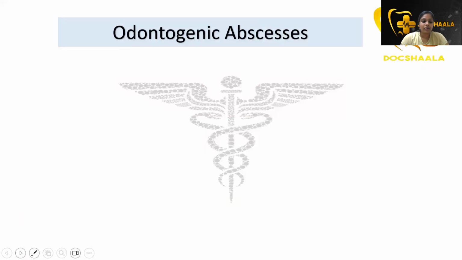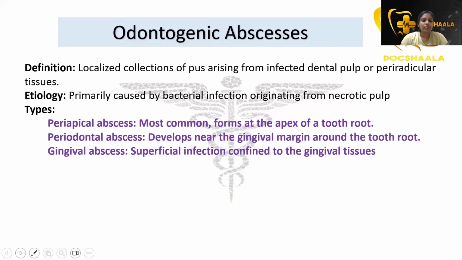Okay. Then odontogenic abscesses. An abscess is a collection of pus. The collection of pus arising from infected dental pulp or periradicular tissue gives rise to an odontogenic abscess. Okay. So the etiology is bacterial infection.